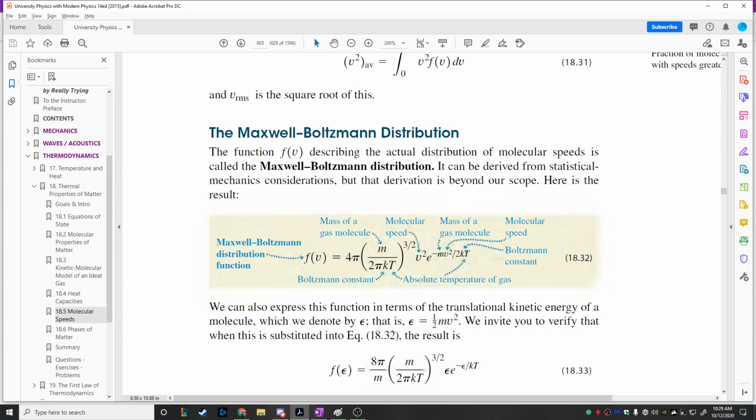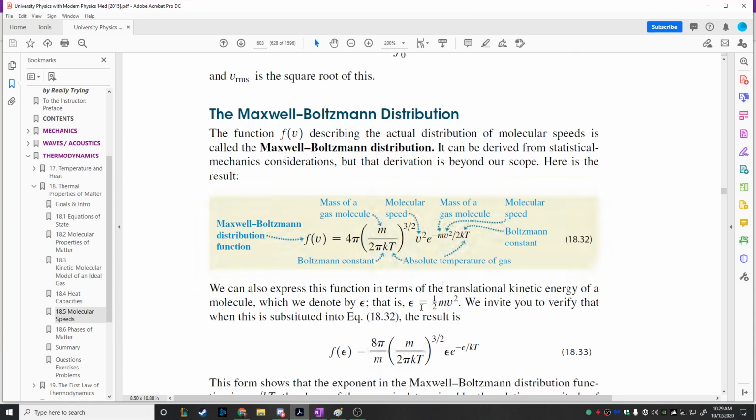And if you look at what this thing is, it's mass times velocity squared over 2. What is that? mv squared over 2. What is that? It's kinetic energy, right? So really this is energy divided by kT. And k times t we found was directly related to kinetic energy, right? So another way to write it is just to replace the mv squareds with this E, which represents the translational kinetic energy of a single molecule.